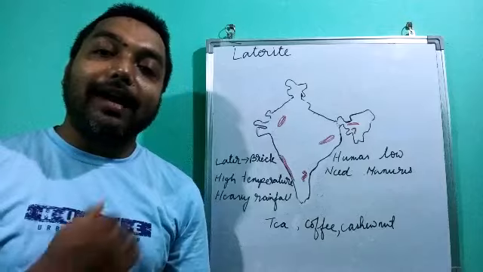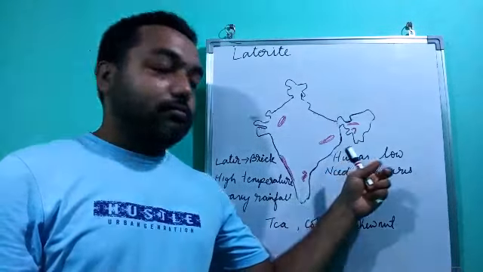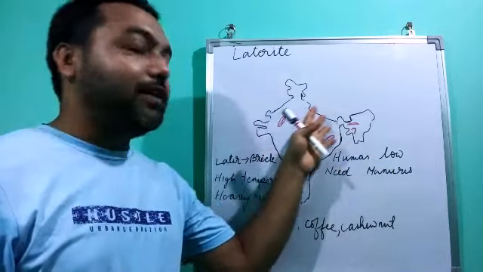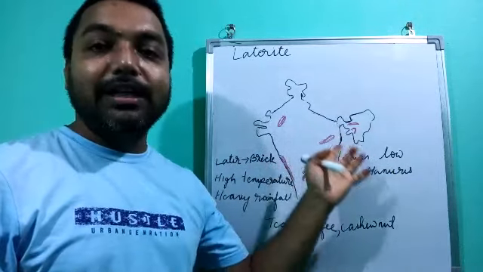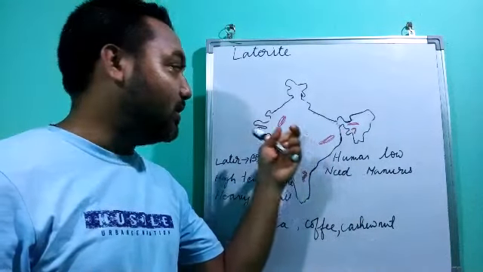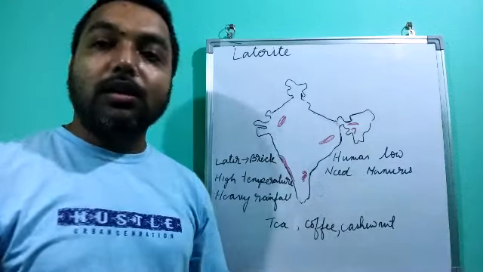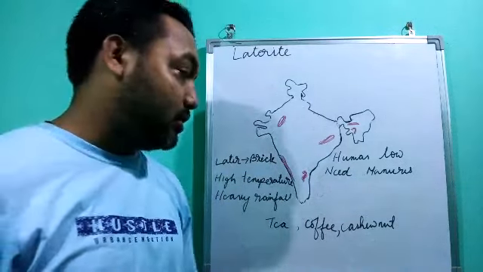Both high temperature and high rainfall, then this type of soil is found. In India, this type of soil is found in very limited regions: some parts of northeastern states of India, Orissa, Jharkhand, then some parts of Rajasthan, then in the southern part of India in a small patch.